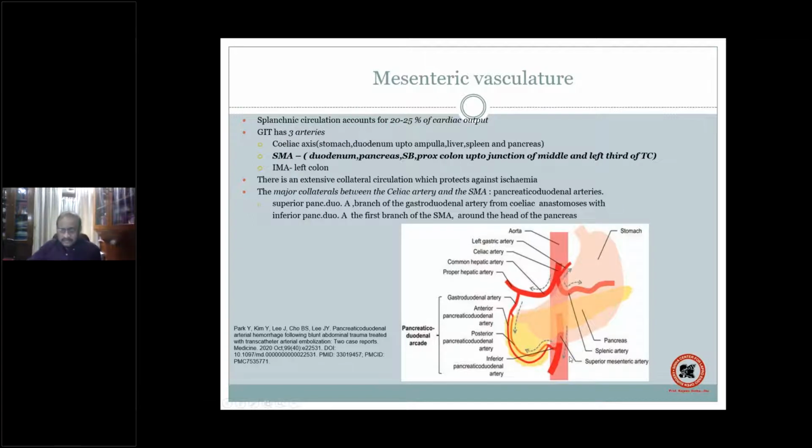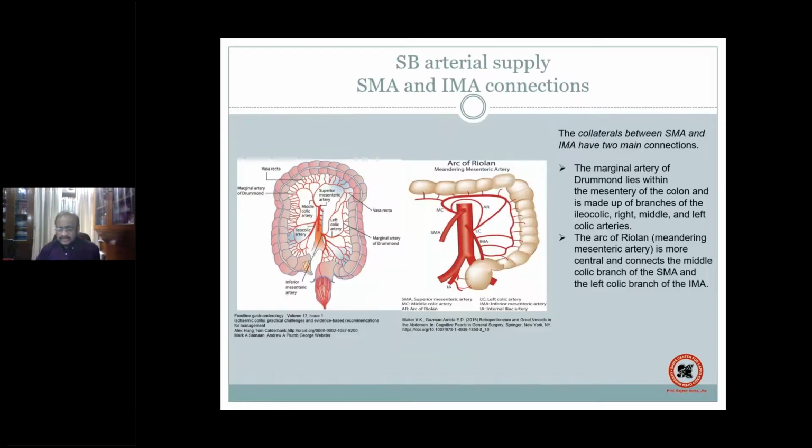So you have a very good collateral circulation which can take care of any kind of gradual reduction in the superior mesenteric artery flow, right? So that is the collateral between the celiac and the superior mesenteric.